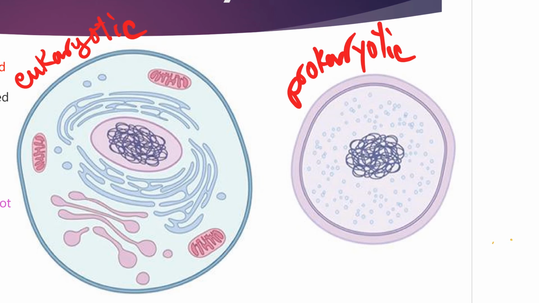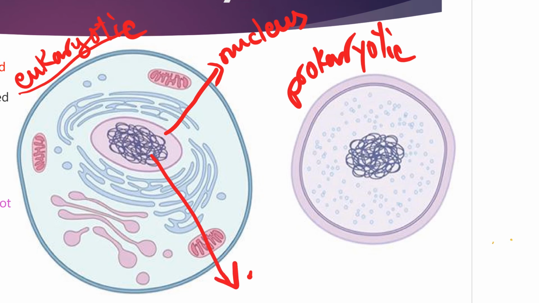But the most significant difference that you have to know and be able to mention is the existence of a nucleus. This is the nucleus. The nucleus is a membrane-bound organelle inside of the eukaryotic cell that contains the genetic material of the cell, known as the DNA.